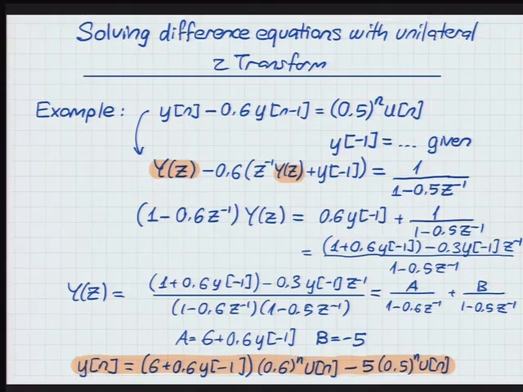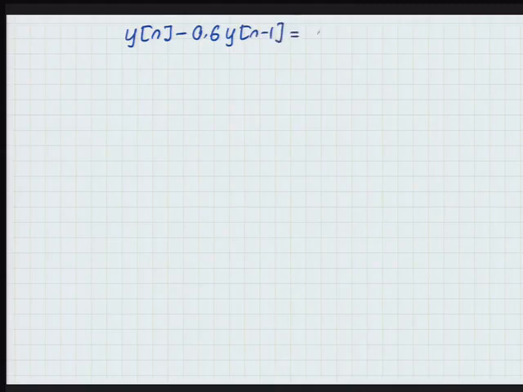So don't worry about it if you've never seen this before. Given a difference equation like this, y of n minus 0.6 y of n minus 1 equals 0.5 to the n, we're solving this for n greater than or equal to 0, and y of negative 1 is given.